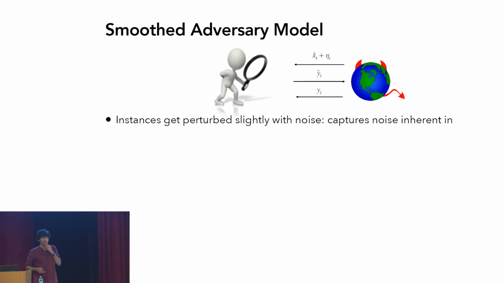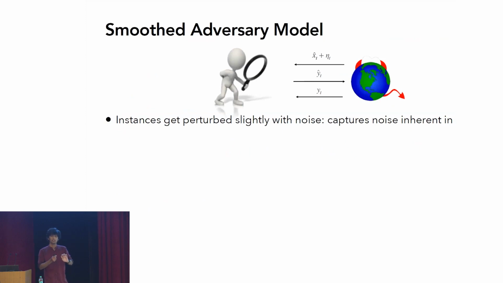Are there any other questions about the setting? That's exactly correct. We'll look at a slight generalization of this, which is easier to think about. But yes, you're right. xt is adversarial, but there is some noise.